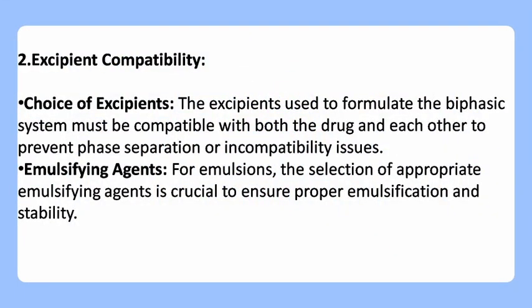Second, excipient compatibility. Under this, A. Choice of excipients. The excipients used to formulate the biphasic system must be compatible with both the drug and each other to prevent phase separation or incompatibility issues. B. Emulsifying agents. For emulsions, the selection of appropriate emulsifying agents is crucial to ensure proper emulsification and stability.